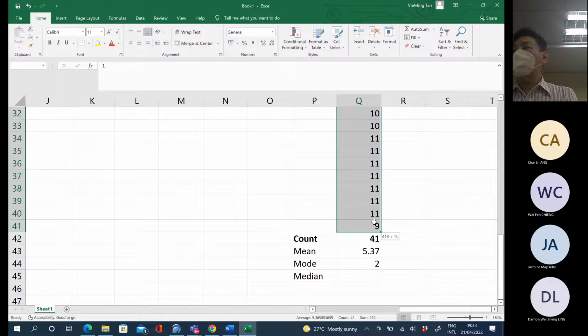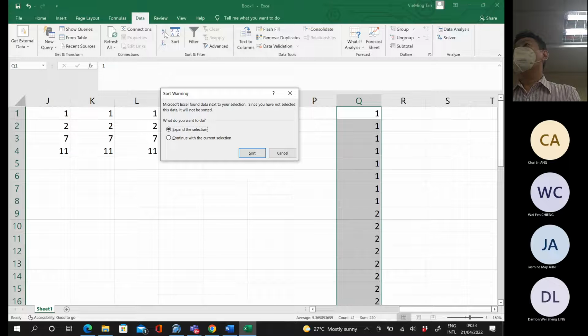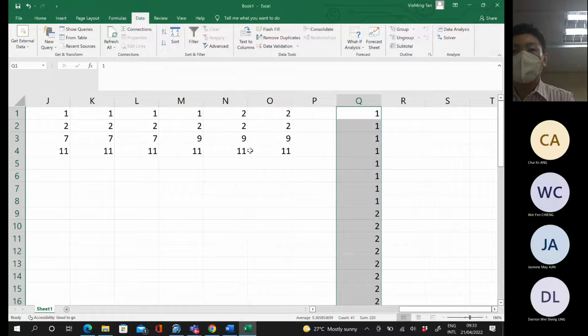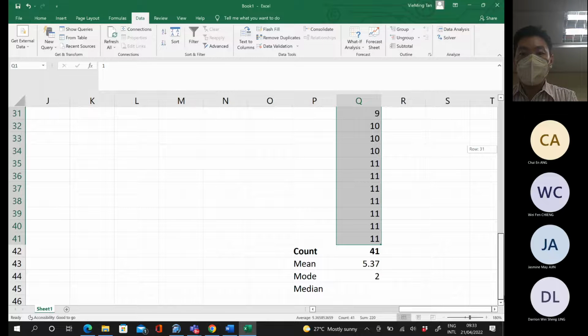Okay, so highlight this 41 data, go to the data tab, then choose this one, A to Z. Continue with the current selection. All right, so let us try.